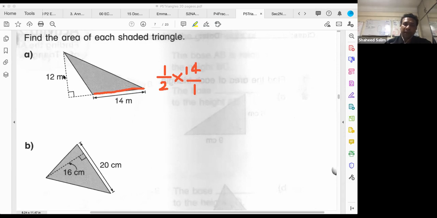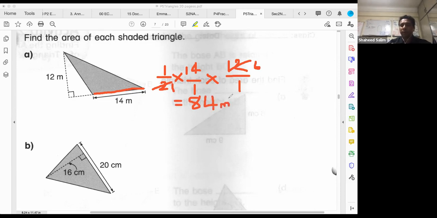Because it must meet the base at 90 degrees. You put your ruler down here. You don't follow your ruler, it is slanted. So times 12. Can you see, divide by 2, you get 6 times 14 equals 84. 84 what? Square meters.